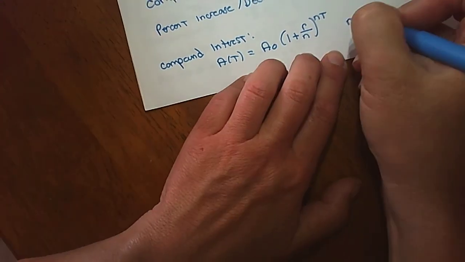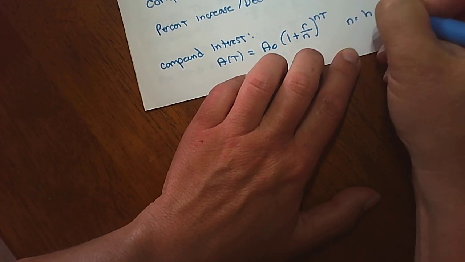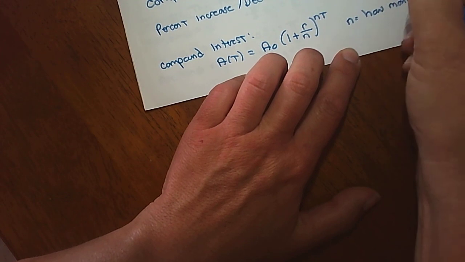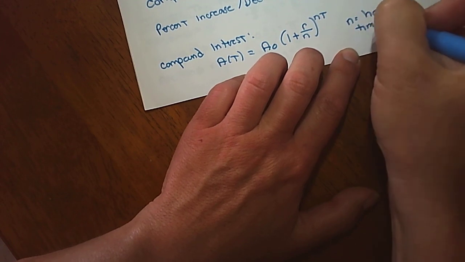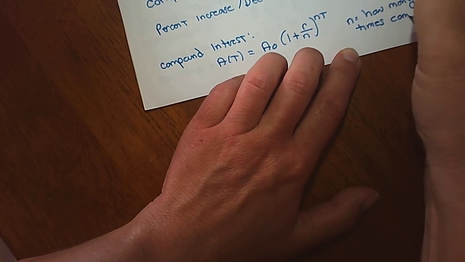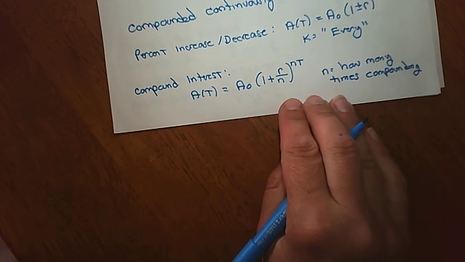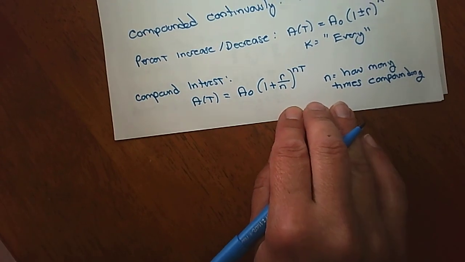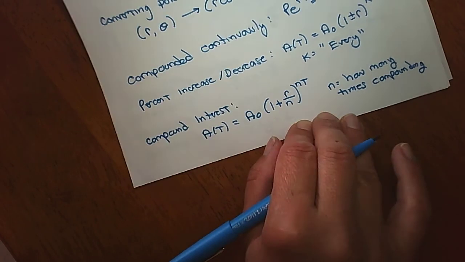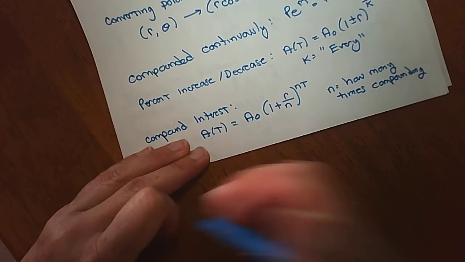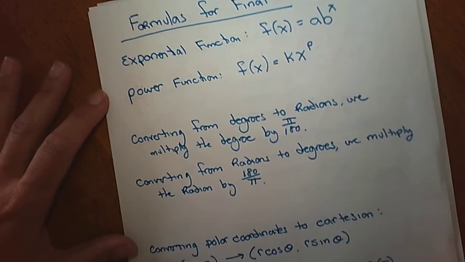And n equals how many times compounding. Right, so if it said monthly, you would use 12. Hourly, you would use 24, depending on the wording of the question. Yearly, 1.